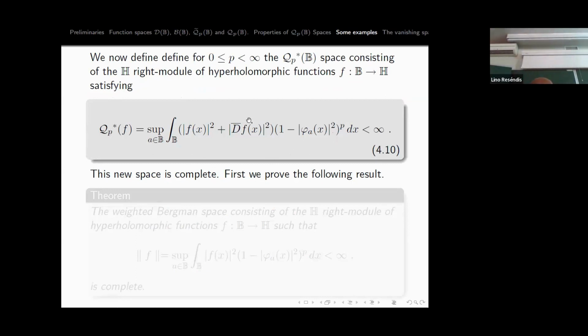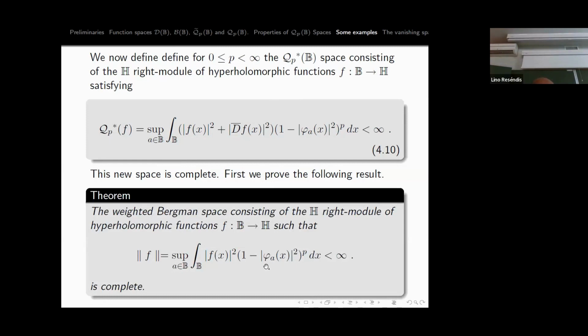Here is the definition of our previous spaces in this part, and we are using this part. This part is some kind of Bergman space, because here the function appears directly. And this new space in fact is complete. In this form, this is a subset, of course, of our previous space, but these spaces are complete.